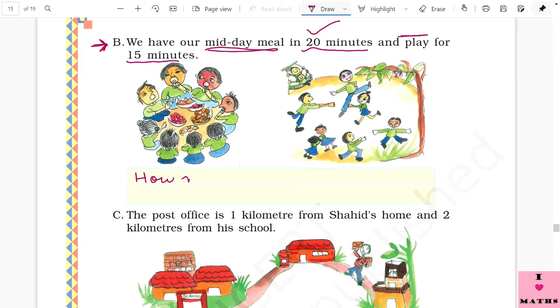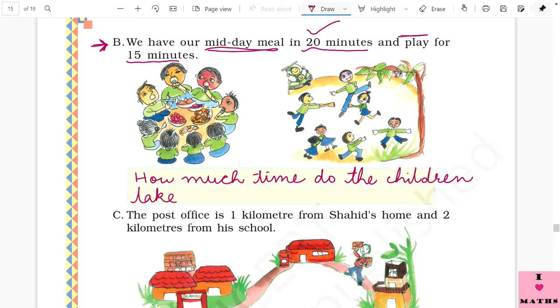How much time do the children take in having a meal and playing?